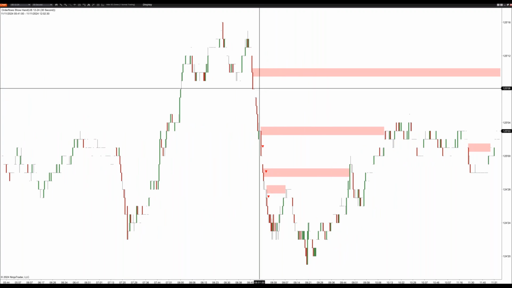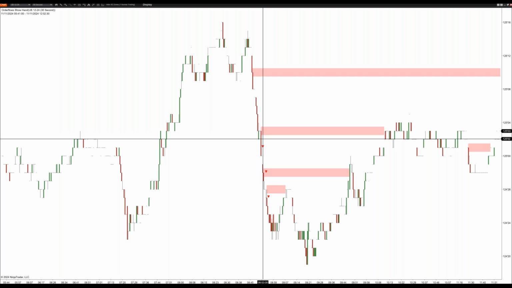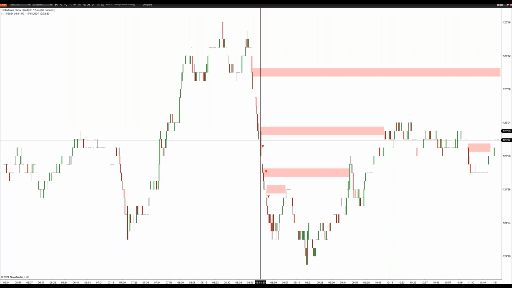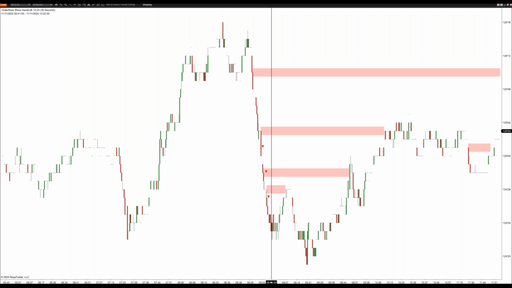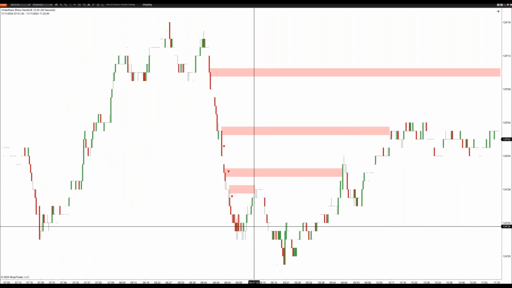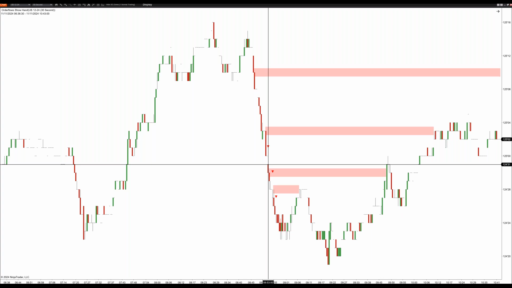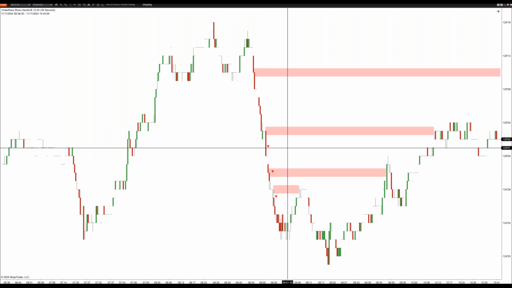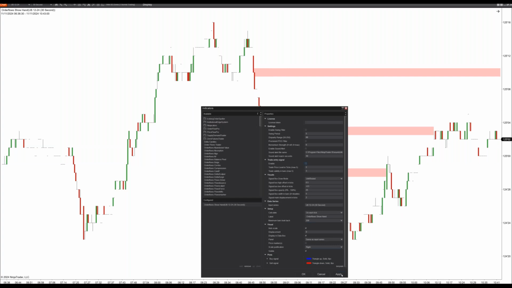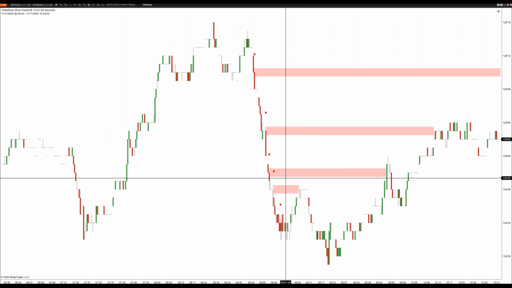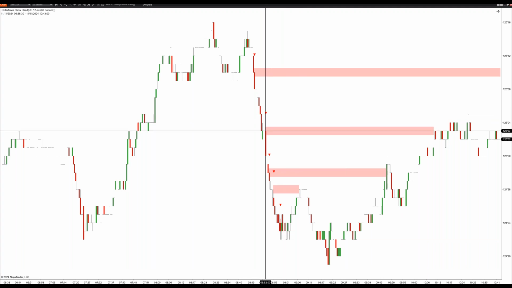Okay, so you see right here, this is your signal bar because it's got the zone being drawn out, but the actual signal here, it's not coming in on the next bar, it's coming on this bar, the one that starts the move. If I disable this trade entry signal, you can see the signal right here is coming in on this bar.